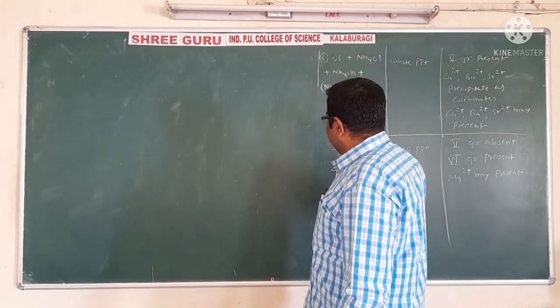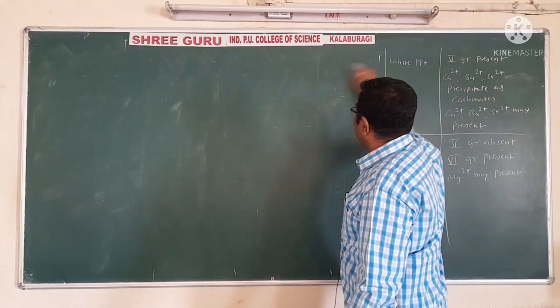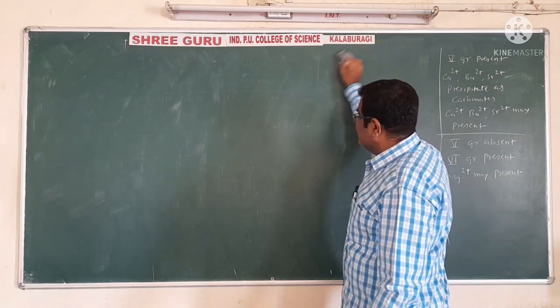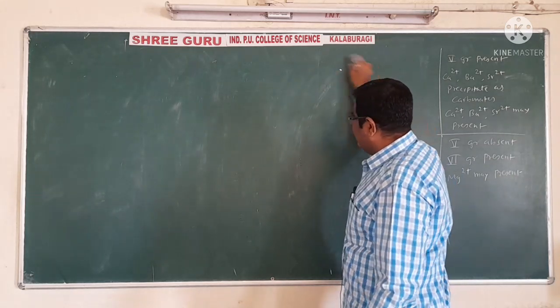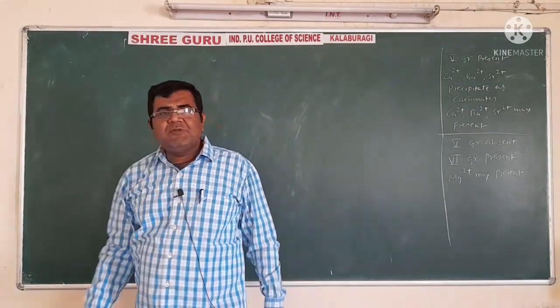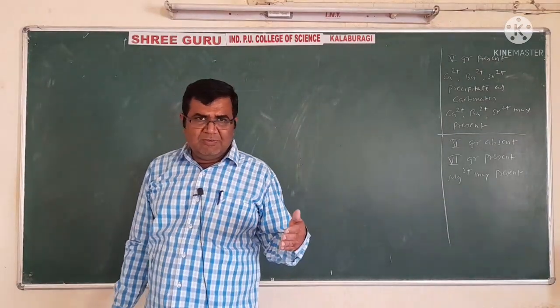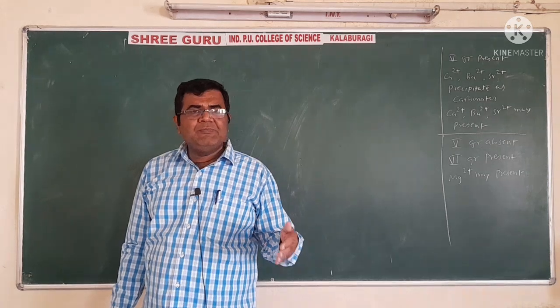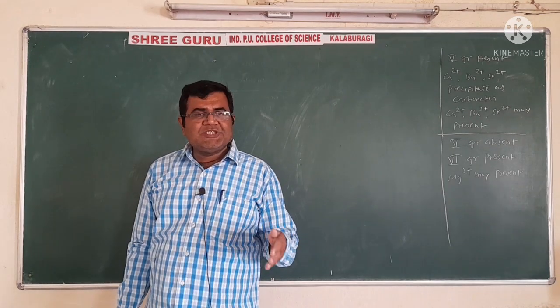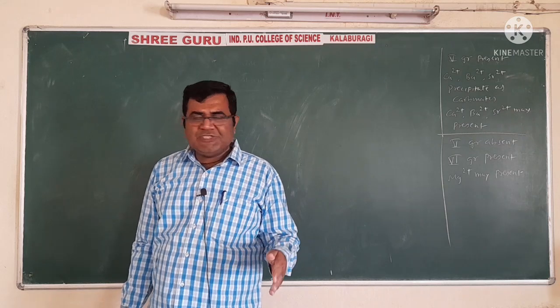If you already prepared it, then only they are useful. Otherwise, it is of no use. Just by listening to these lectures, we cannot command that chart. Now, confirmatory test, we have to start with all: ammonium, aluminium, zinc, manganese, calcium, strontium, barium, magnesium.